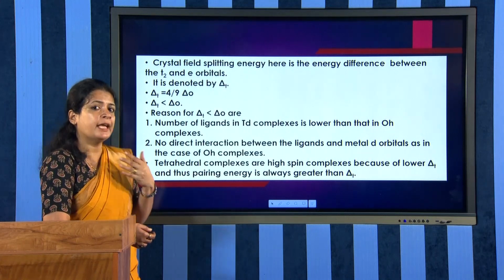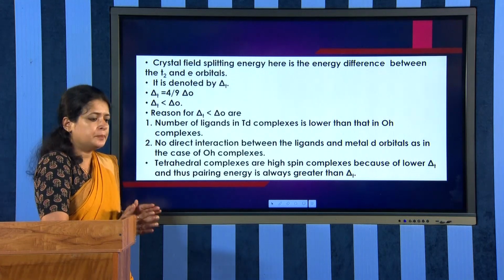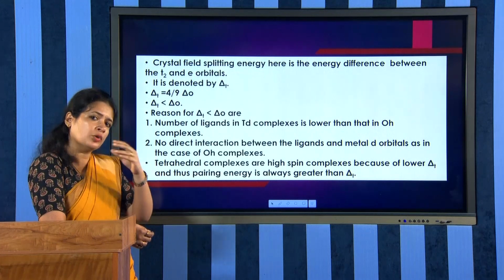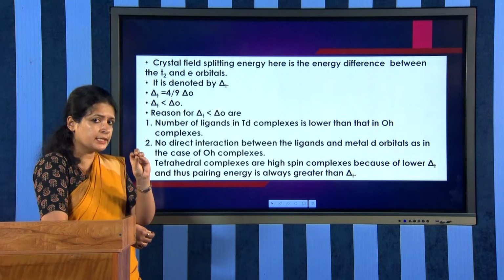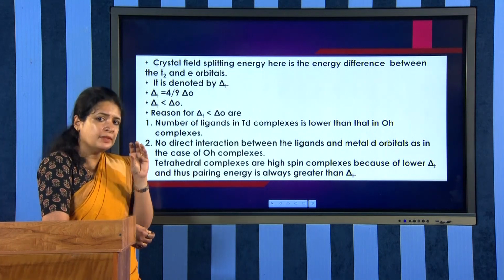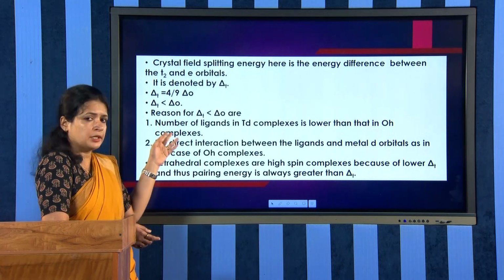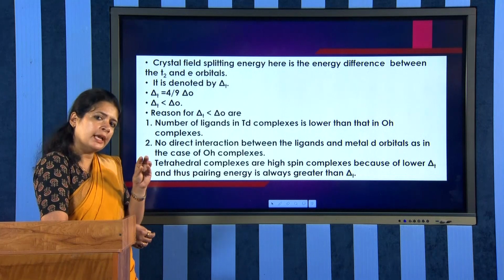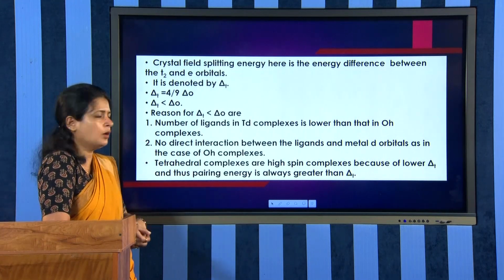When the number of ligands decreases, obviously the splitting will decrease. That is, the repulsion will be less when compared to the octahedral field. In the octahedral crystal field, due to the presence of 6 ligands, the splitting will be greater. But in the tetrahedral field, you have only 4 ligands, so that splitting will be much less when compared to delta O.